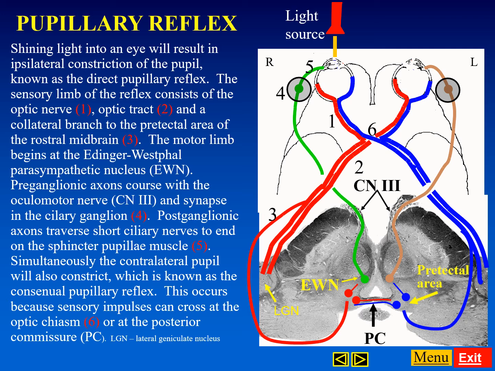And by doing so, will result in a motor limb traveling along with the left oculomotor nerve to the left ciliary ganglion and ultimately to the sphincter pupillae muscle in the left eye, resulting in a consensual pupillary light reflex.